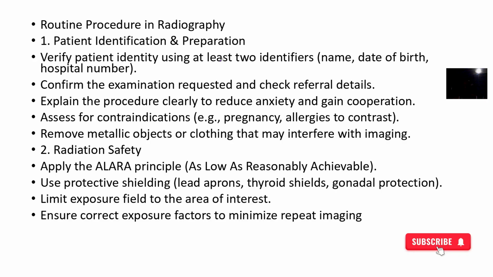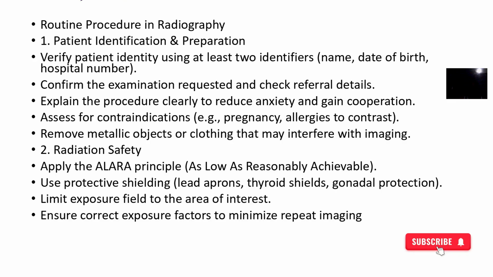Do you understand? So you want to confirm the patient's name, their hospital information, including date of birth and hospital number, just to ensure that everything is as requested. So I think that's what this implies.